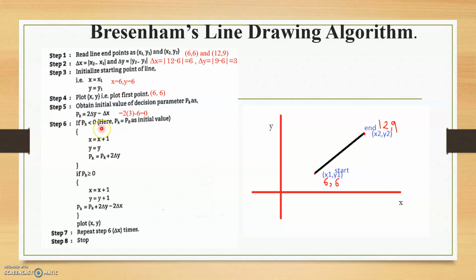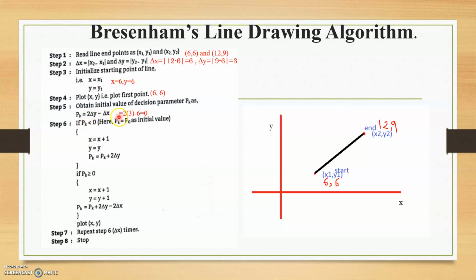Then in step 5, what do you have to find? In Bresenham's algorithm, it depends on the decision parameter, which is called pk. The decision parameter is calculated using the formula pk equals 2 delta y minus delta x.